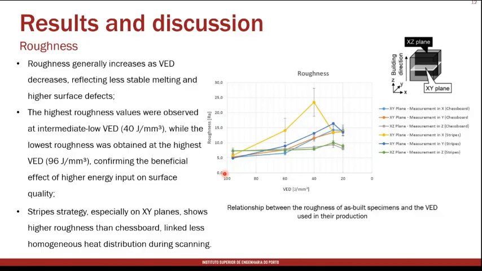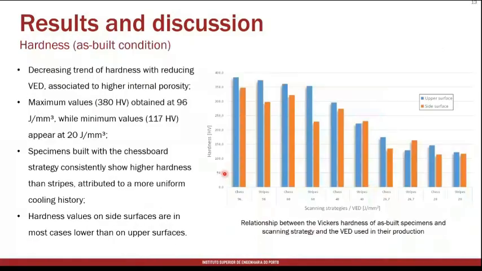And between the two strategies, we have a slightly higher roughness for the stripe strategy, which means that the fastboard gives a better result due to a more homogeneous heat distribution during fabrication.